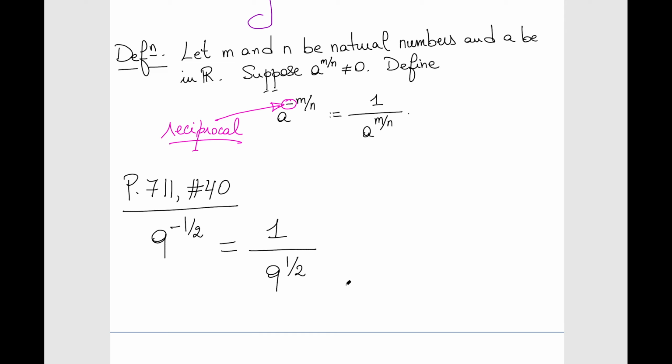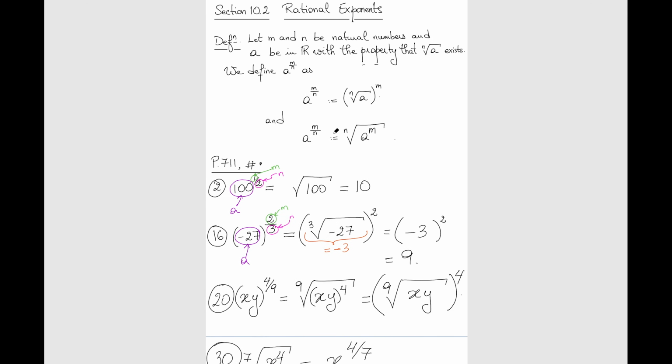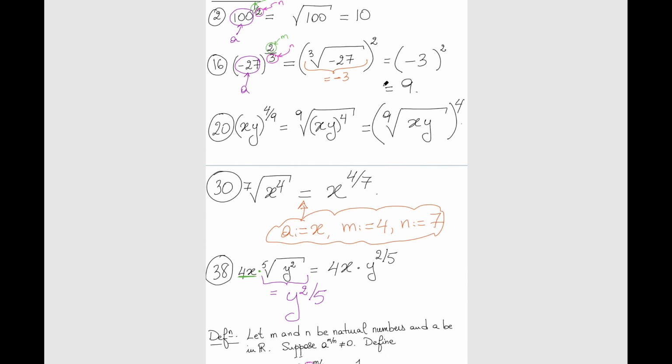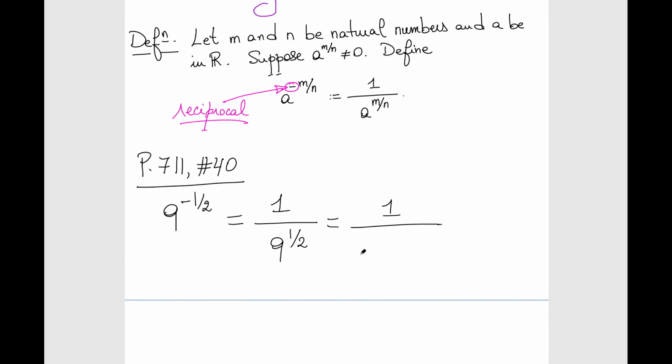Now, what's 9 to the power 1 half? It's the second root of 9 to the power 1, which means the square root of 9. And then this is 1 over 3.